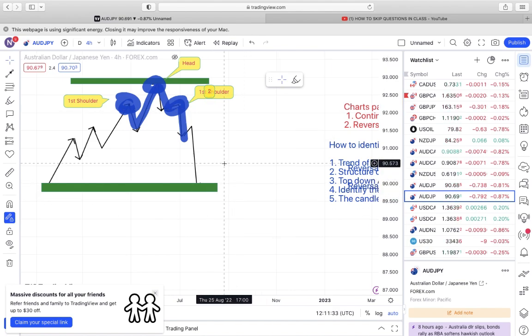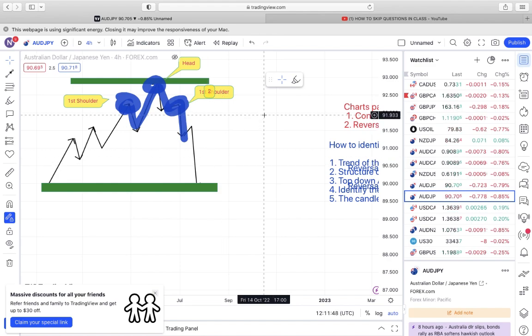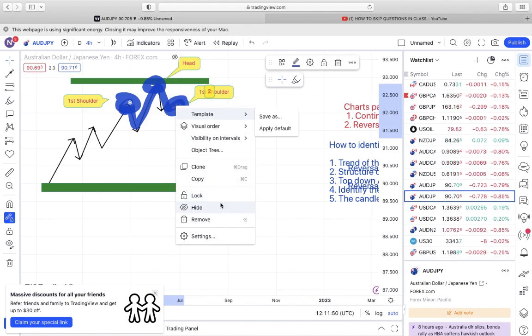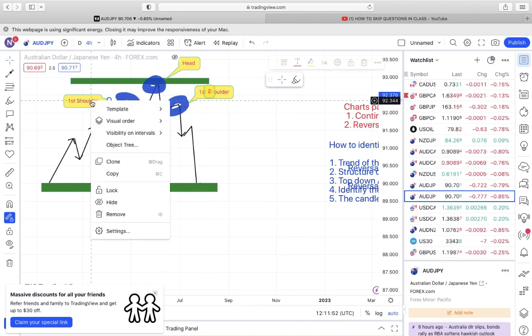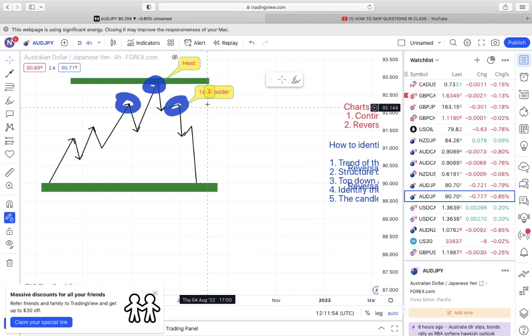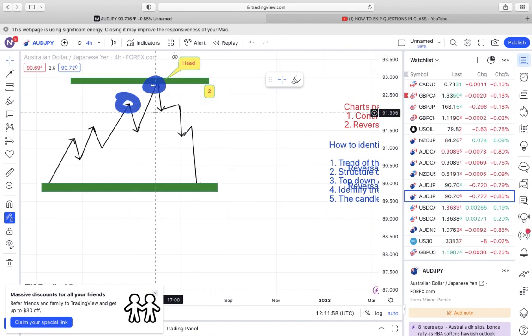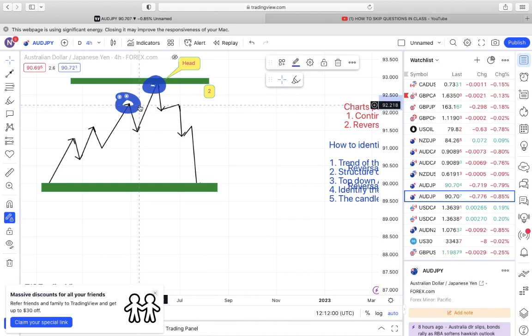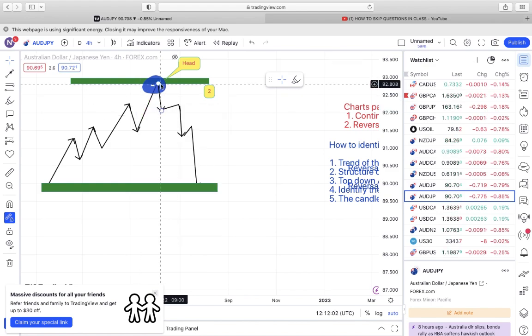Now, how do you trade head and shoulder? That one is the biggest question because we were talking about the market reversal chart pattern. Take this from me. The way we said that first you identify your key zones, and we have identified the key zones.